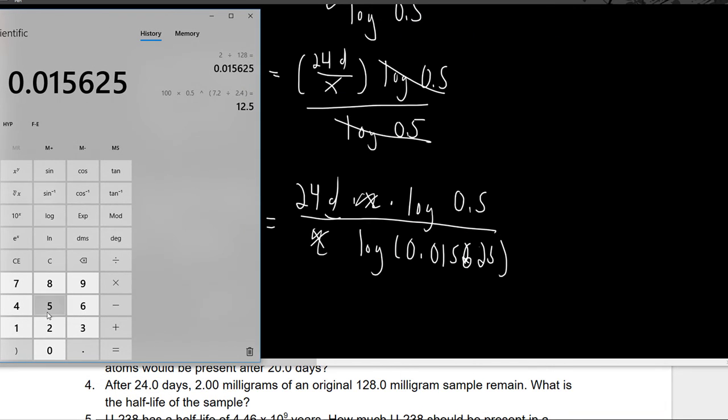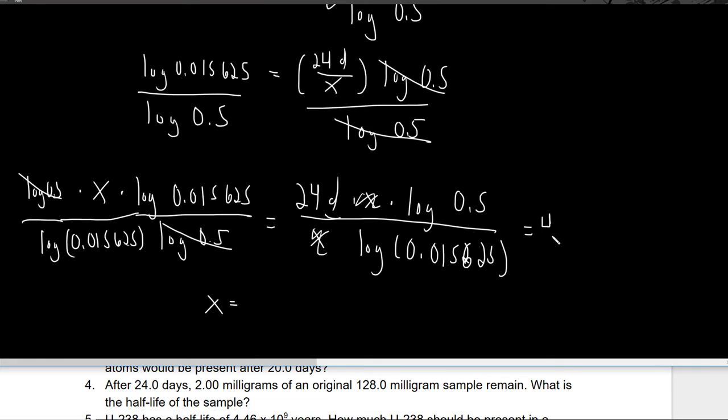So the log of 0.5, divided by the log of 0.015625, times 24. And I get a nice even 4.